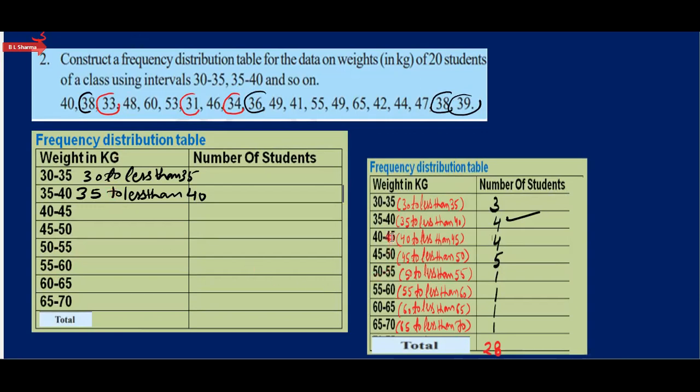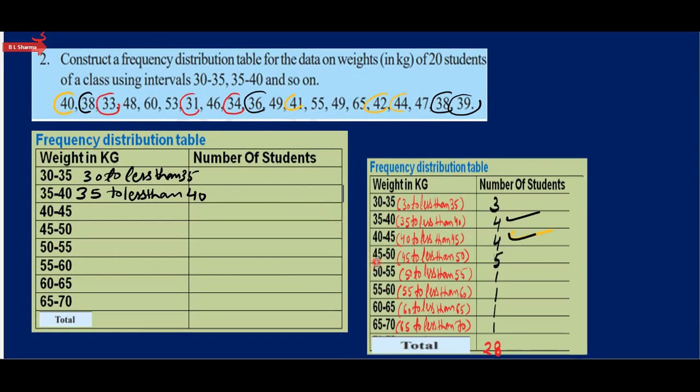And now 40 to less than 45, 40 इंक्लूड करना है लेकिन less than 45 मींस 45 इंक्लूड नहीं करना है यहाँ पे। So see here, this is 1, 2, 3 and one more, yes, this is 4. So these are the students whose weight is 40 and above but less than 45 kg.